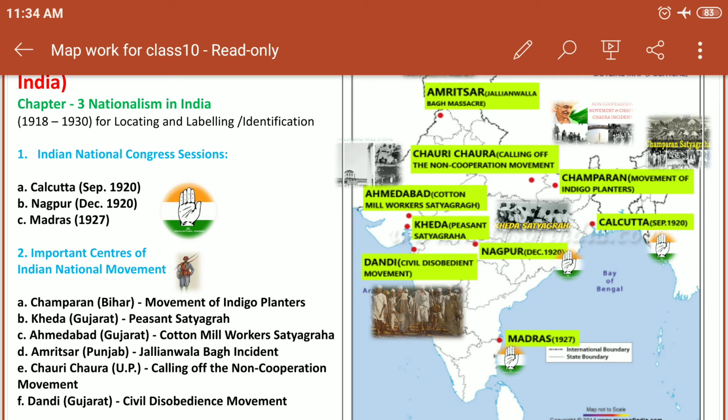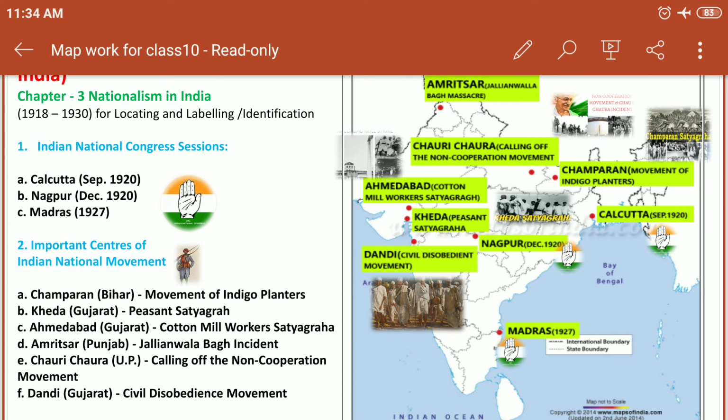This is the place where Gandhiji had called the non-cooperation movement, but because there was violence there between the people agitating and the police, it was called off by Gandhiji in February 1922. It is located in Uttar Pradesh near Gorakhpur.